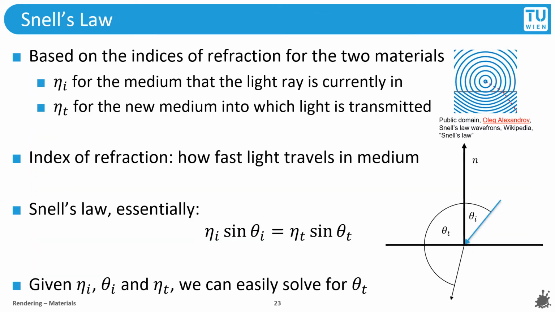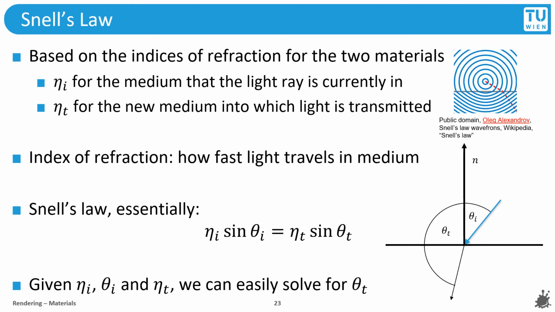As mentioned, Snell's law tells us how a light ray changes direction when it goes from one medium to another based on the involved media's indices of refraction. If we follow a light ray, we use eta_i for the index of refraction of the medium that it comes from and eta_t for the index of refraction of the medium it goes to.